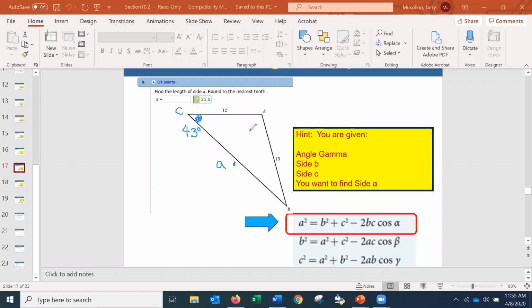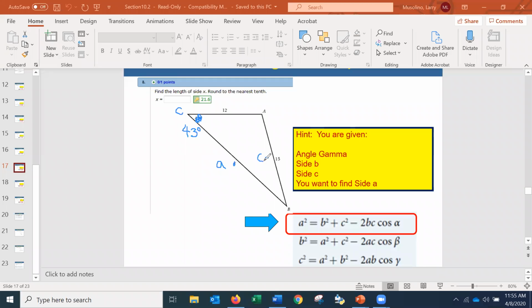You have to do A squared equals B squared, which makes it 12 actually. 12 is side B. Then plus C squared, which makes it 15.